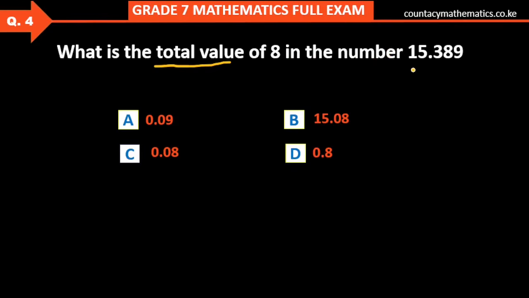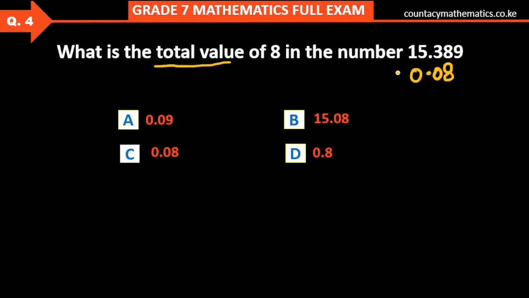So the easiest and the fastest way to do that is to pick that particular value that you are asked to find its total value, and then you write it down. For instance, for our case that is 8, and then if there is a decimal, you write it first so that you don't forget about it. And then where there are any gaps, like at this place where there was a 3, you replace that with a 0. And then just before that, you replace the entire number with a 0.